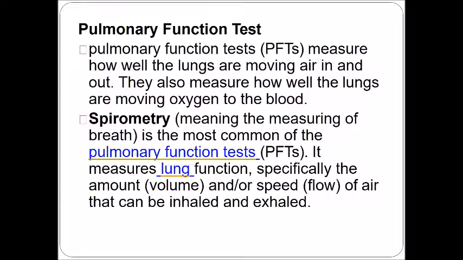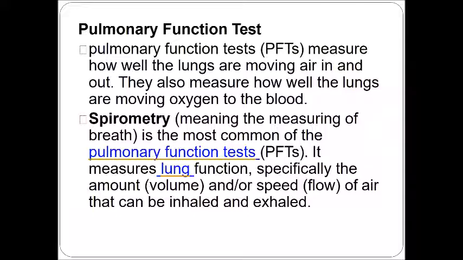Now as far as lungs are concerned, the most important and useful investigation is PFT, pulmonary function test, also called spirometry. In our laboratory there is a Hutchinson spirometer and you are doing your PFT on that Hutchinson spirometer, so you are familiar with it. It will measure how well the lungs are moving air in and out.